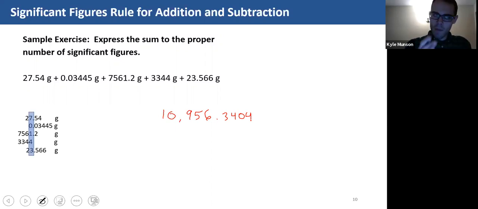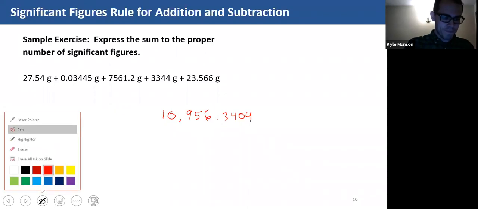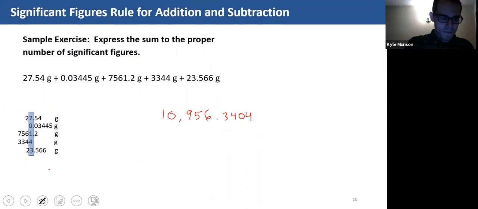So for all my scales, let's do the same thing again. I'm certain up to this column. After that, I am uncertain. That means I have to round my answer, basically cut off those numbers here, because I'm not certain of them. I'm only certain of numbers in this column.